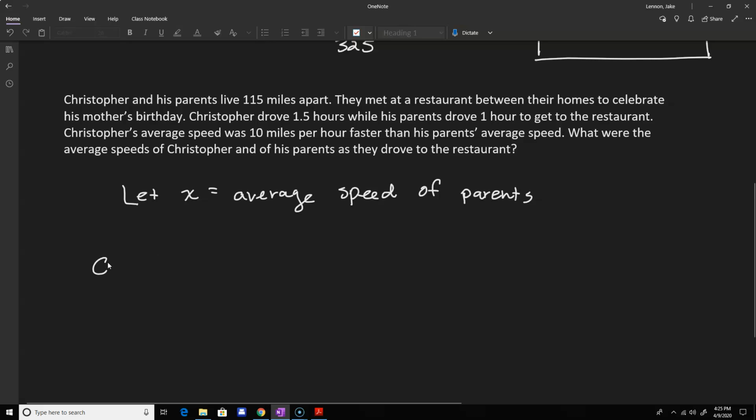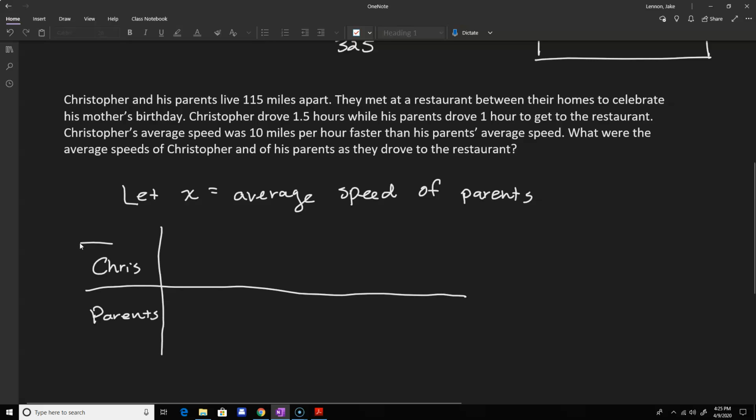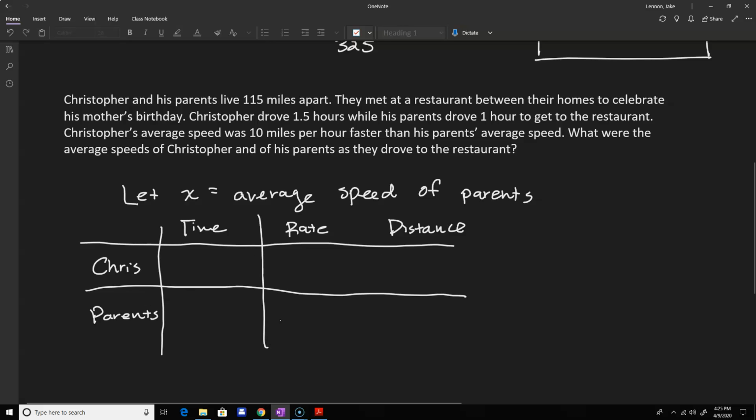So we have Chris and the parents. We want to know an average speed, so that's a rate. So the things that were given, let's try and label those. So again, we're going to have a time, a rate, and a distance. And we know if we multiply the time and rate columns, they should equal the distance.